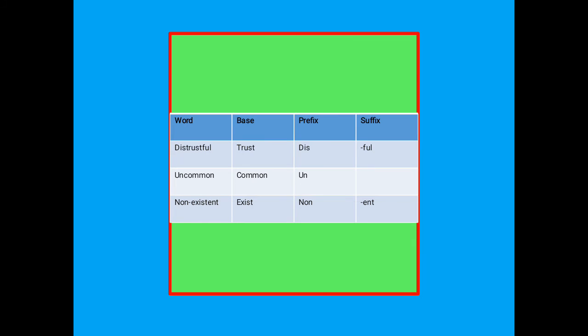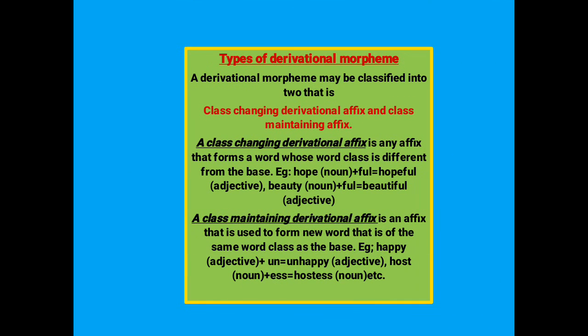We are moving on, and under the derivational morpheme, we have types, and the types are class-changing derivational affix and class-maintaining derivational affix. A class-changing derivational affix is any affix that forms a word whose word class is different from the base.